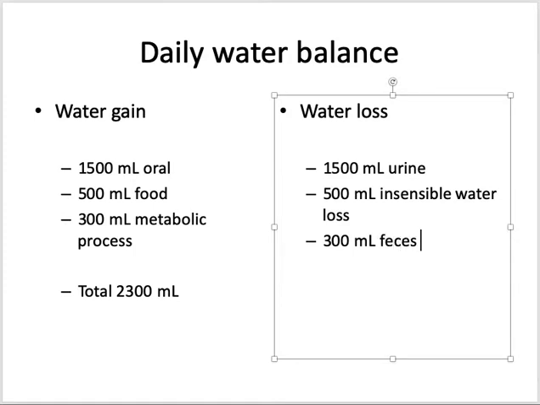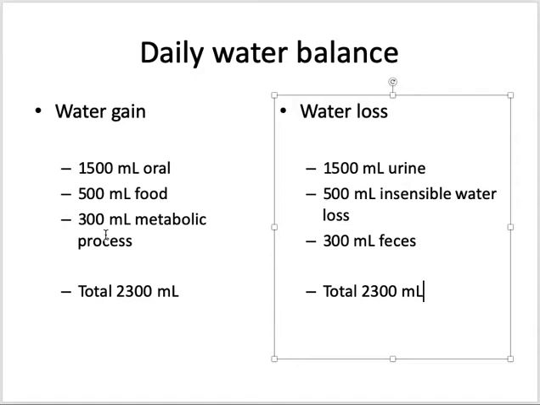So this is how the balance is maintained, and again, these are the ranges. The water you are drinking is going out in the urine. The water you are taking in food, you are losing by means of skin and lungs.